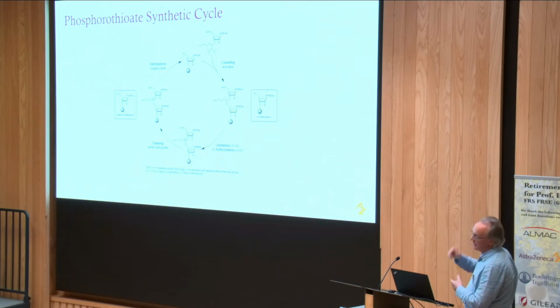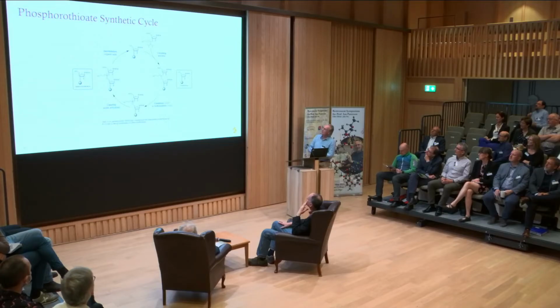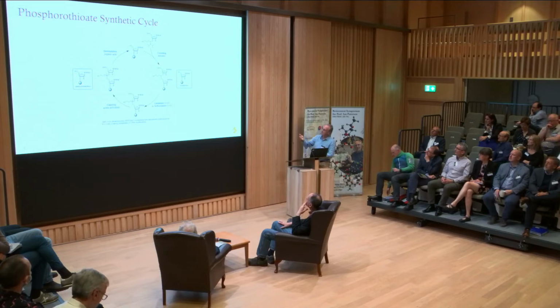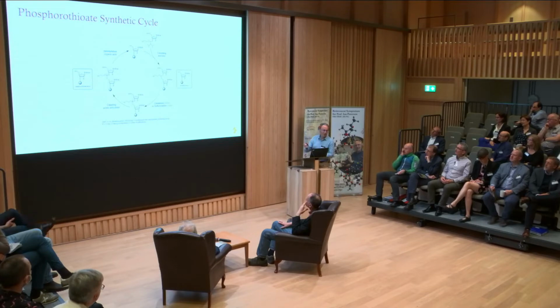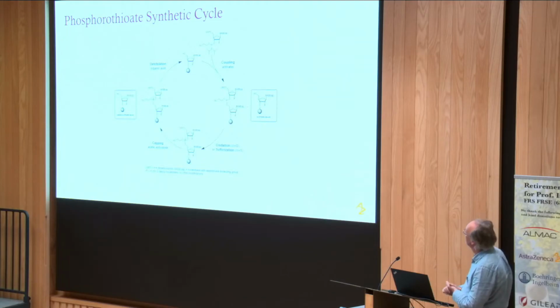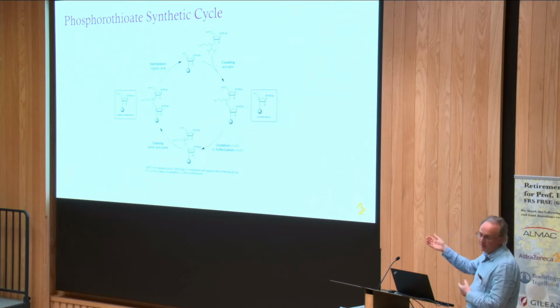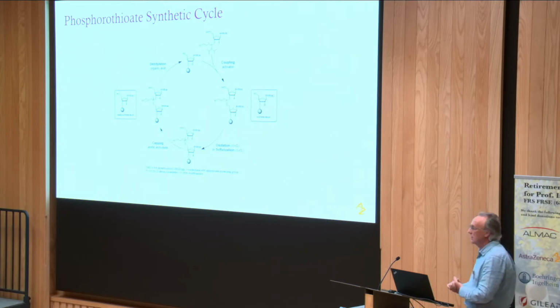The solid phase is that blob, and it starts by you add an activator, you add the phosphoramidite, so you add the nucleotide on, you oxidize or sulfurize the phosphorus up to what will be either the phosphate or the phosphorothioate. You cap off any unreacted hydroxyl, and then you detritylate to go around the cycle again.